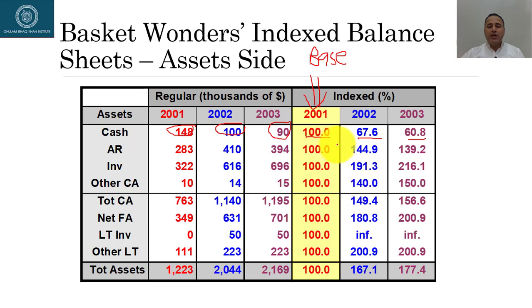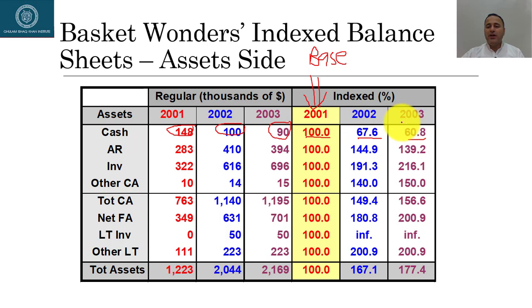So the way we interpret it, cash in 2001, if it was 100, in 2002 it is 68.7%, which means that there is a decline of almost 22.4% over year 2001.